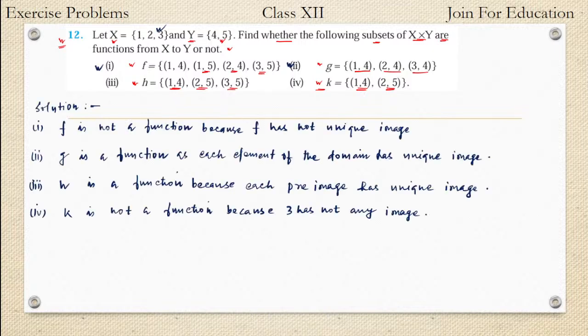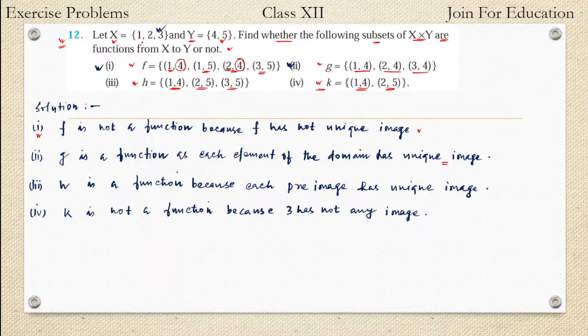Let's see the solution. For the first part of question number 12, f is not a function because f has no unique image. The unique image means that this is the 4. 4 is the image of 1 and 2. g is a function as each element of the domain has a unique image.